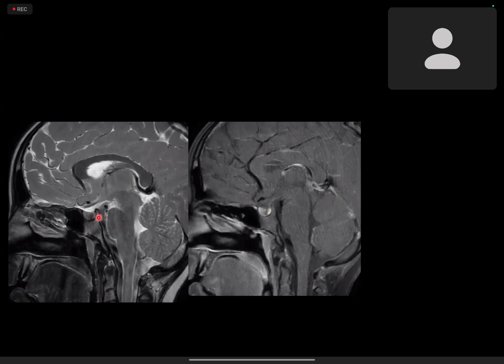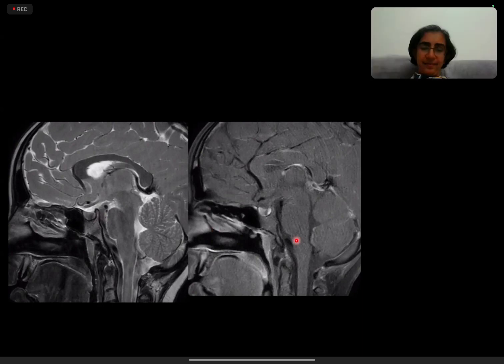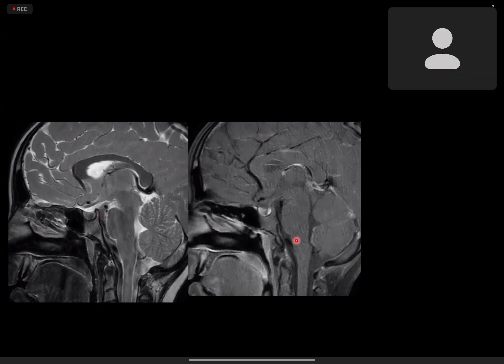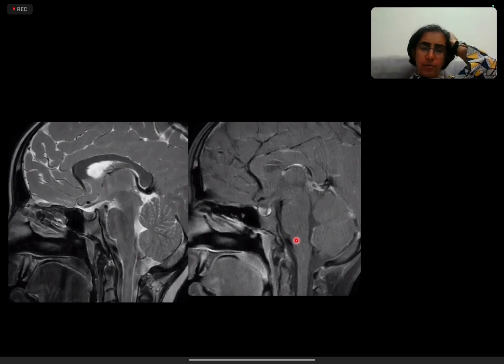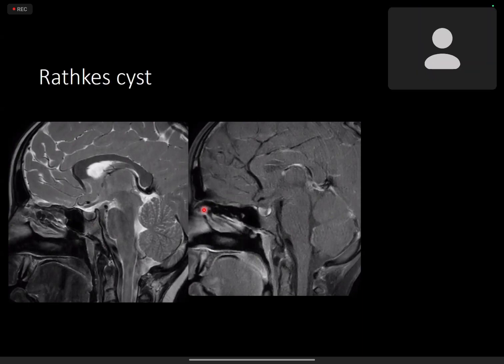Ma'am, exactly, it appears between the anterior pituitary and the posterior pituitary bright spot, which appears normal. Yes. And there's no calcific focus. We can't say that it's not calcified, but we assume that it is not. Yeah. There is a focal non-enhancing T2 hypointense lesion between the adenohypophysis and the posterior pituitary bright spot. Right. So diagnosis, please. Ma'am, a Rathke's cleft cyst. Awesome.